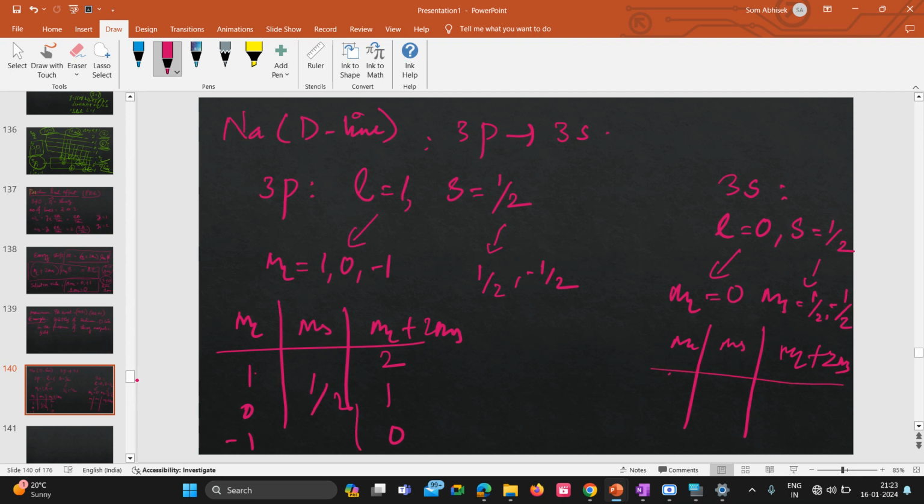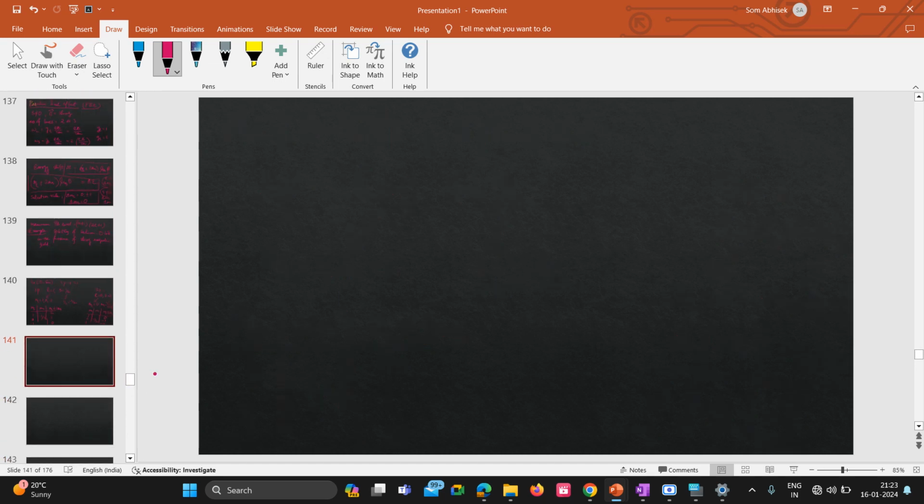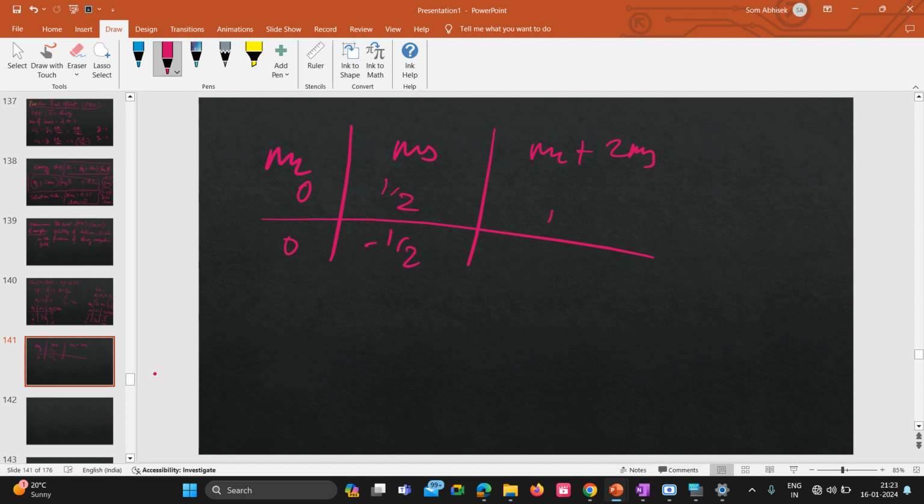On this side, with ms minus half, you get 0, minus 1, minus 2. Another table will be ml, ms, ml plus 2ms, here ml is 0, ms is half, minus half, and that will be 1, minus 1.